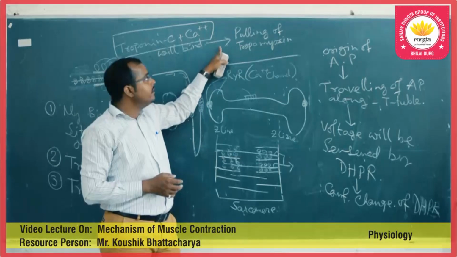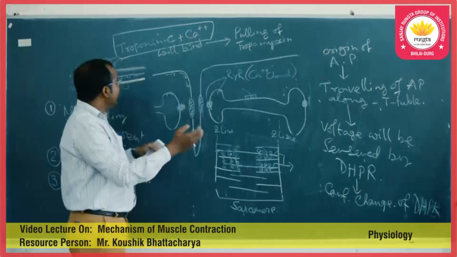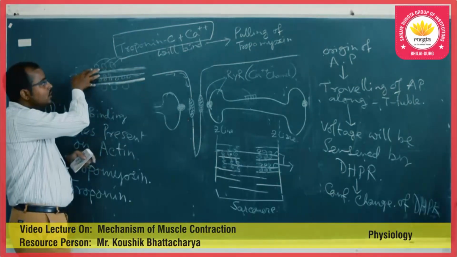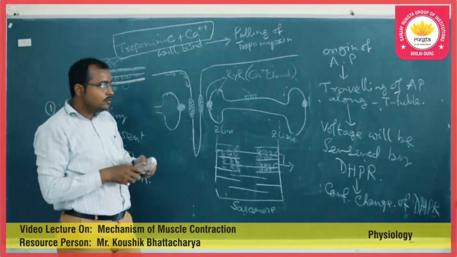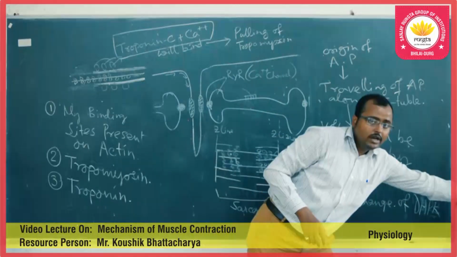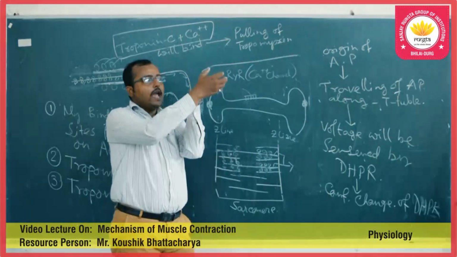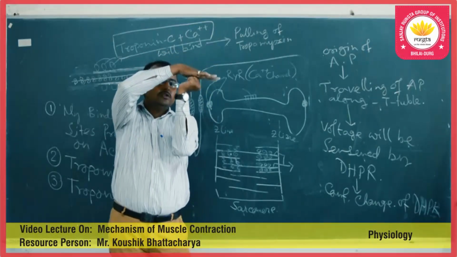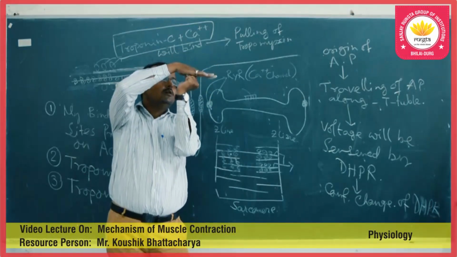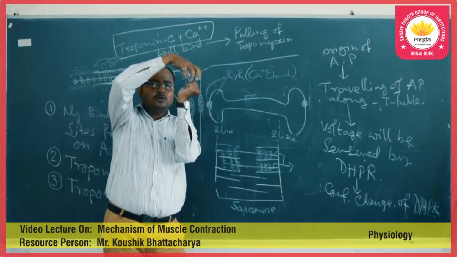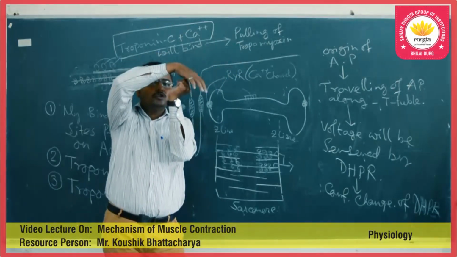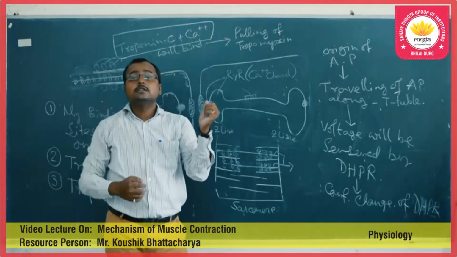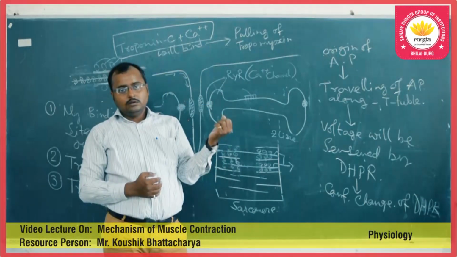So what will happen again? The covering, or recovering, of the tropomyosin will take place. When the tropomyosin recovers the actin molecules, suppose this one is the actin molecule and this one is the myosin head, it will help to detach the myosin head, right?